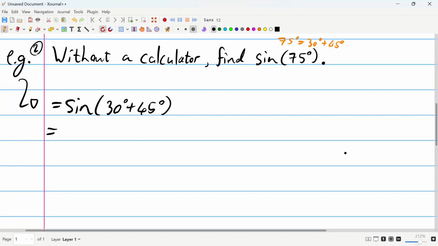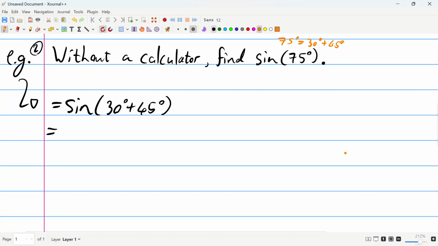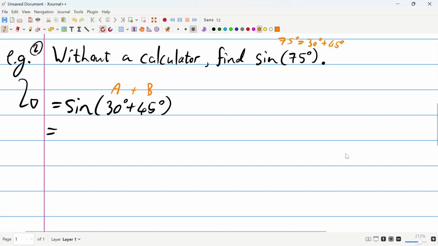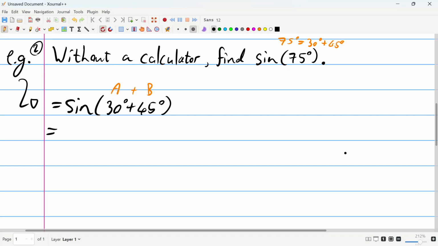Okay. Now, notice that we have it in the form of two angles where we can say that A is equal to 30 and then it says plus B, which is 45 degrees. And notice it's sine, meaning with sine, we are going to use sine cos, sine.